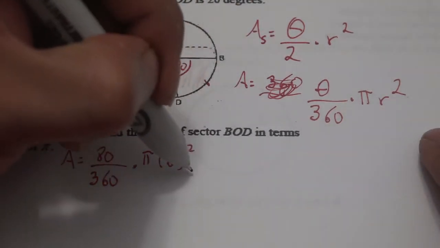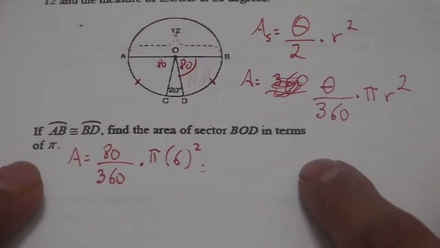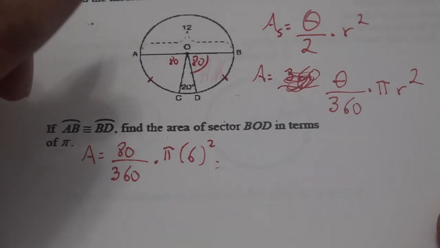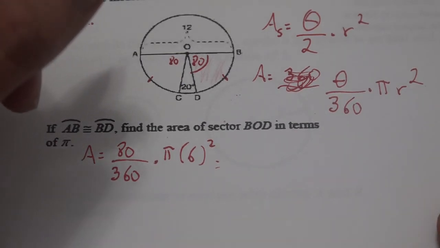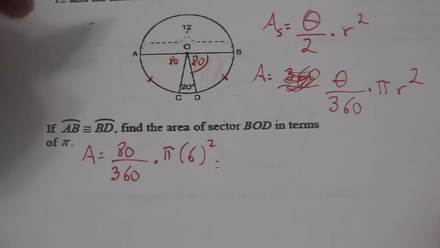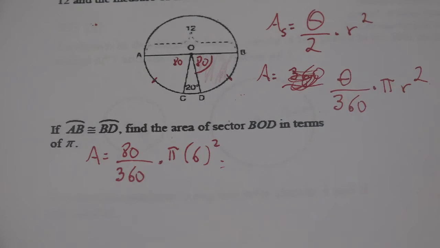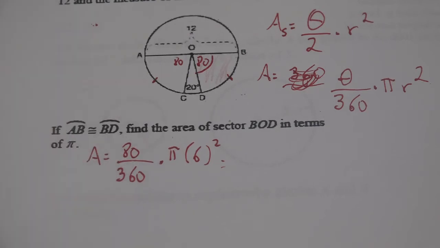Oh, and the answer I'm supposed to leave in terms of pi? Okay, cool, that's not a problem. So what is 80 over 360? That is 2 over 9.